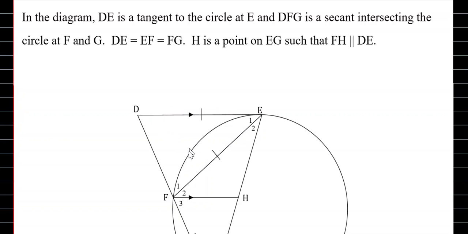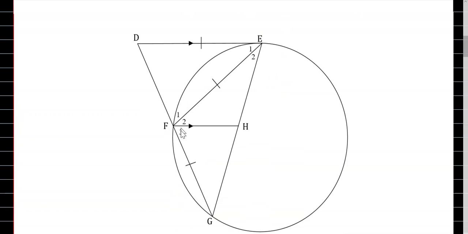Okay, so let's just go down and see this diagram as a whole. So here is our diagram. We just said that EF is equal to ED and also equal to FG, right? And also you are told that DE is parallel to FH.